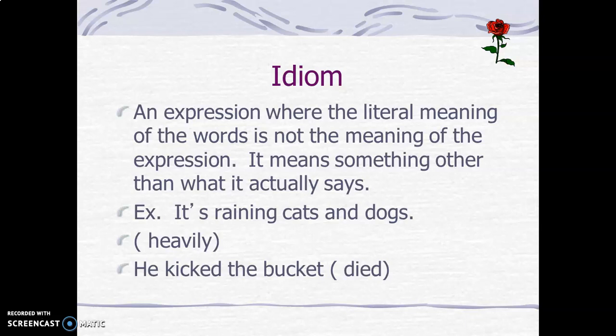But it's raining heavily. Another important idiom here, he kicked the bucket. You don't mean exactly that somebody kicked the bucket. But here, when you use this expression or this idiom, you mean that he died.